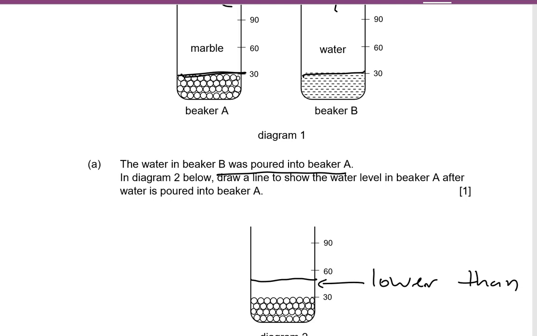So if you have drawn a line that is at 60 or above 60, it's wrong. It must be lower than 60 but above 30. So your range of answers can be in between the shaded part here.